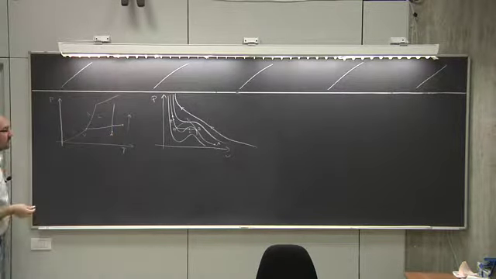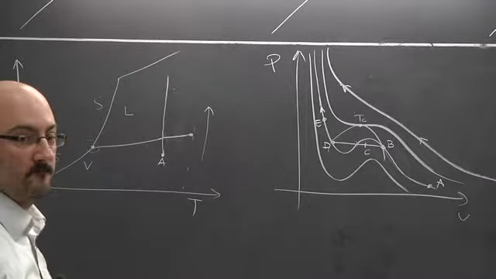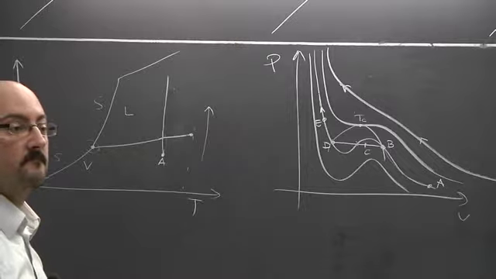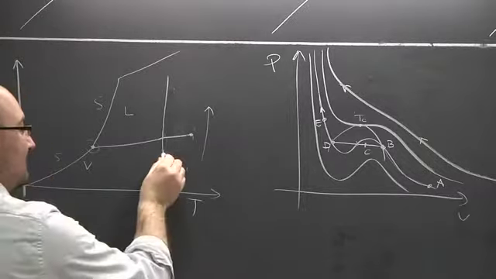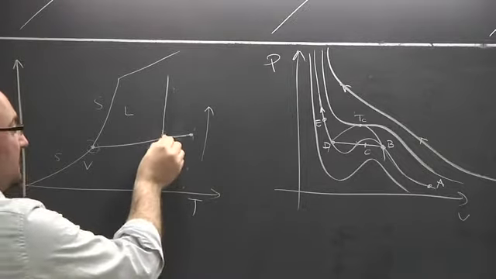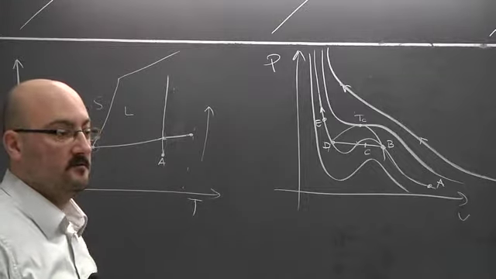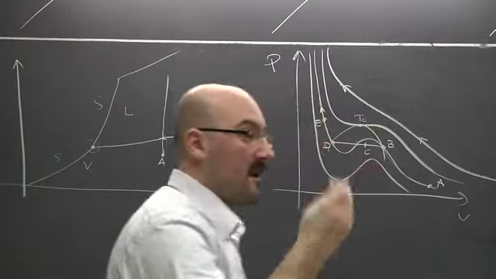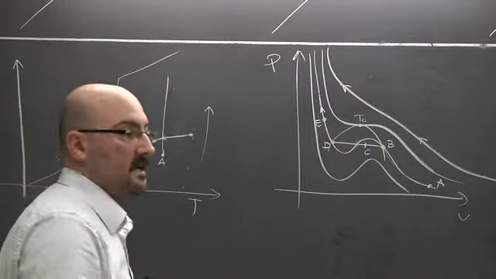So where is point B on this line? The intersection. Where is point C? Upper. So the pressure of point C is larger than point B.